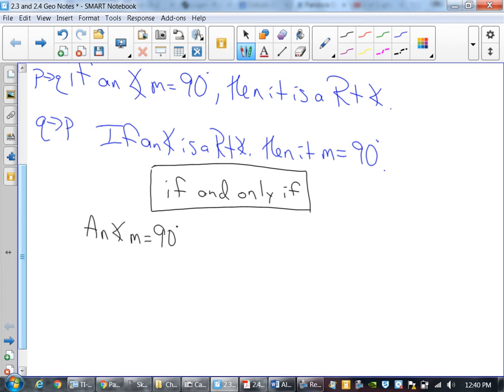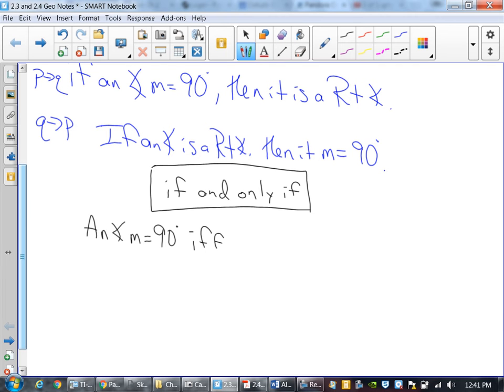So, just like most things in geometry, we abbreviate. IFF stands for if and only if. That's just how they write it. They've been writing it like that in textbooks. There are college textbooks that use that. IFF. If and only if.